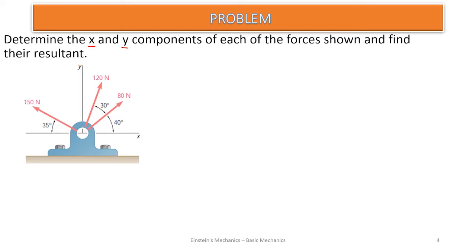So, this is a system being acted upon by some forces. We have an 80 Newton force, a 120 Newton force, and a 150 Newton force with the respective angles given. And we are to resolve these forces into their x and y components.